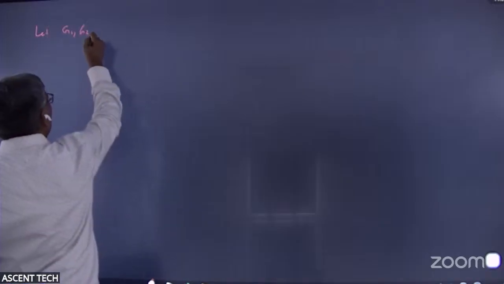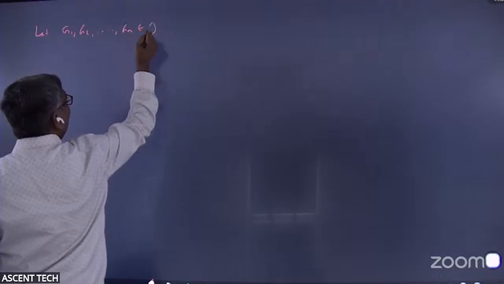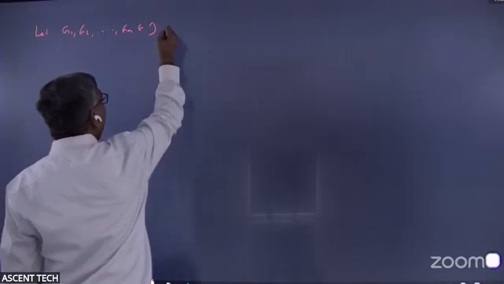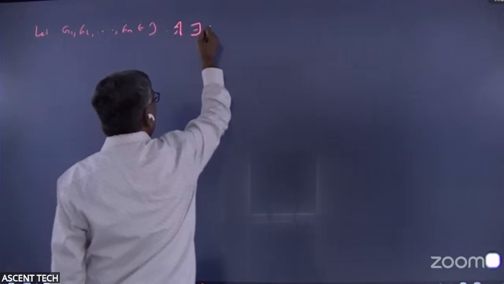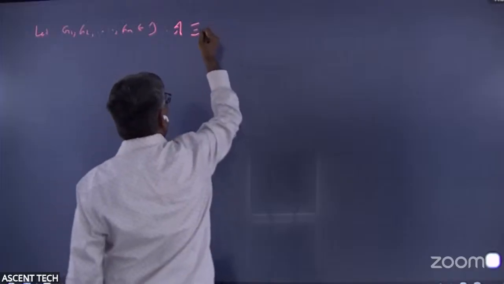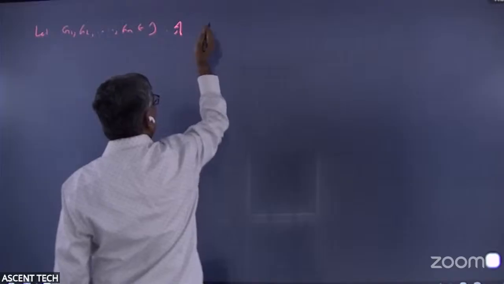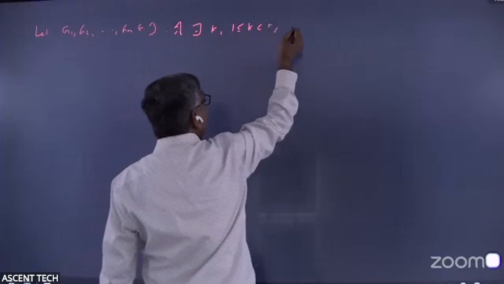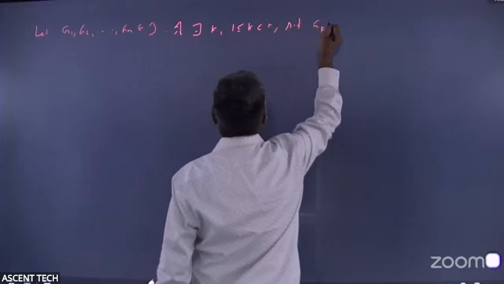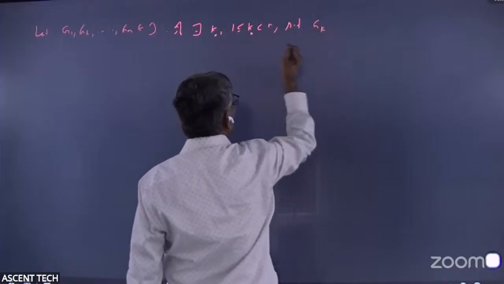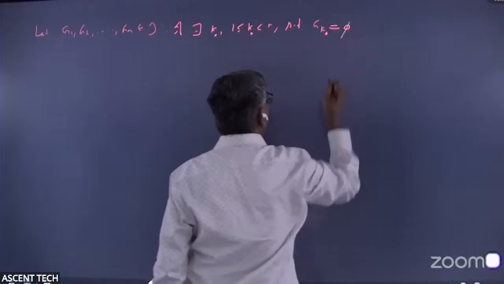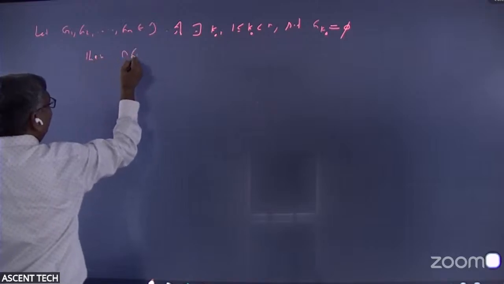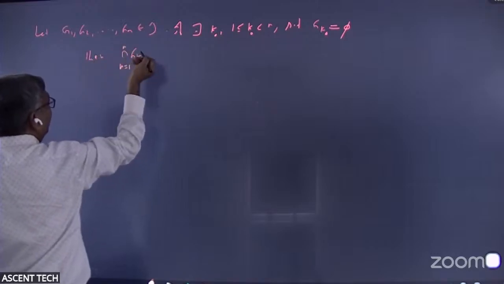Let G1, G2, etc. up to Gn be in T. If one of them is empty, if there is a K, 1 less than or equal to K less than or equal to N, such that G K naught is empty, then the entire intersection of GK, K equal to 1 to N, is empty too.